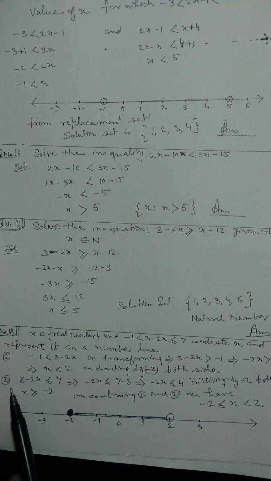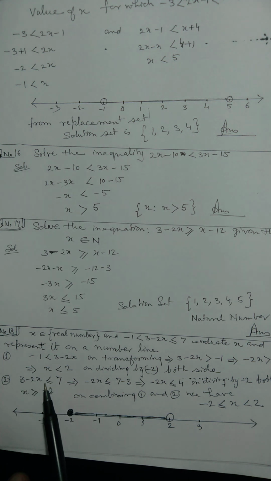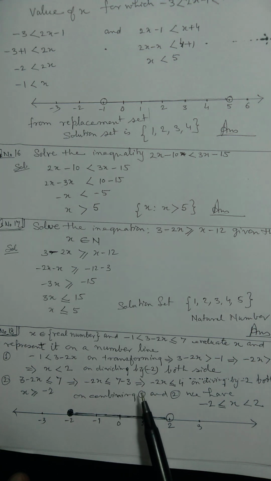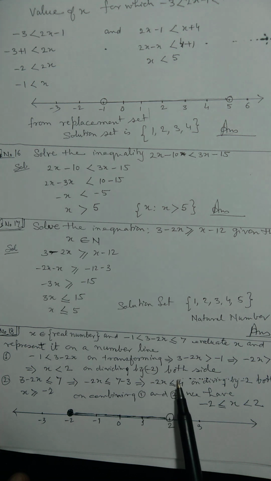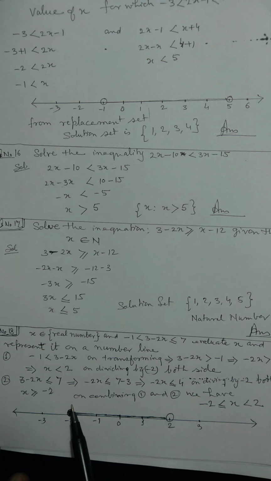Now come to the second part of it, that is 3 minus 2x less than or equal to 7. So minus 2x less than or equal to 7 minus 3. This implies that minus 2x is less than or equal to 4. On dividing by minus 2 both sides, we get x greater than or equal to minus 2.